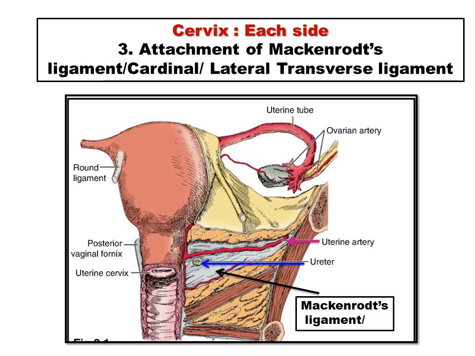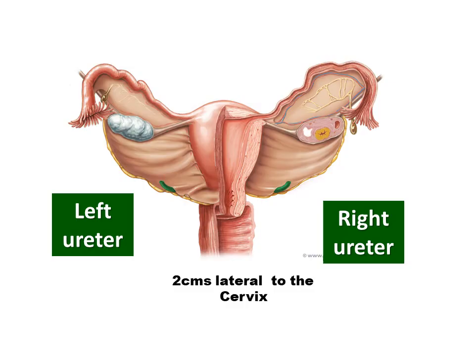So three structures are related to the cervix laterally: the uterine artery, which crosses the ureter, then the ureter, and the Mackenrodt's or cardinal ligament of the cervix. Both right and left ureters are around 2 centimeters lateral to the cervix.